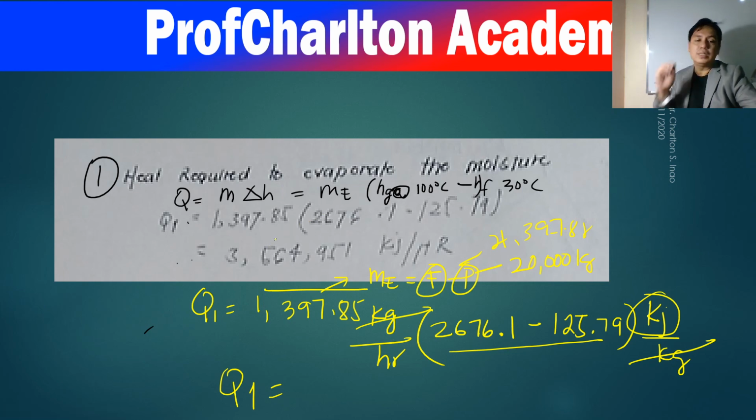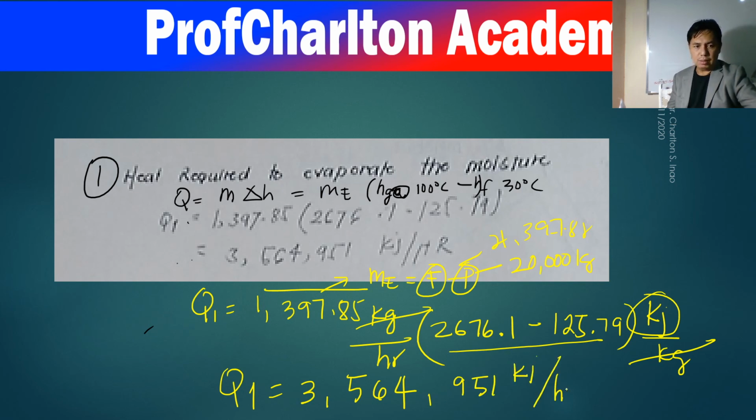With the concerned enthalpies at 100 degrees centigrade saturated and 30 degrees centigrade, we will have here 3,564,951 kilojoule per hour. Now that is Q1.